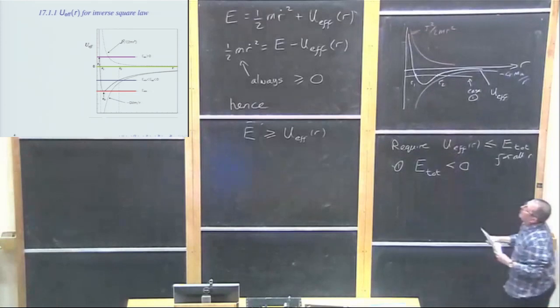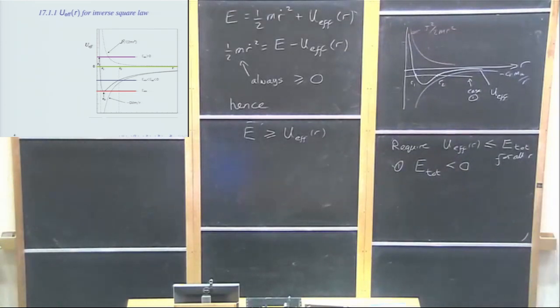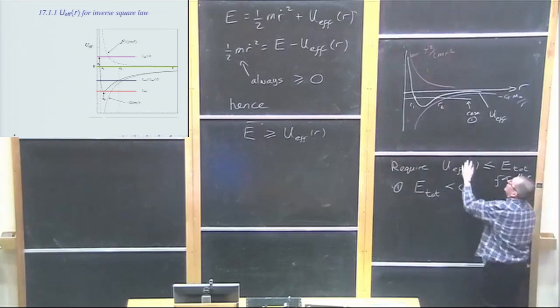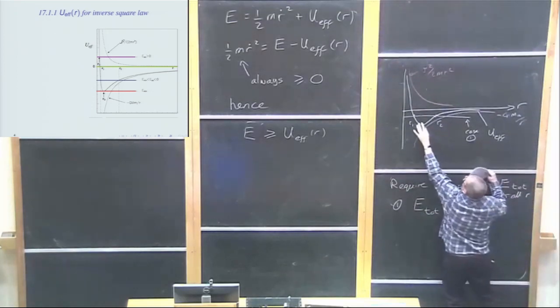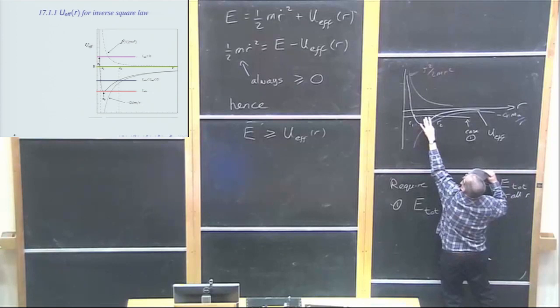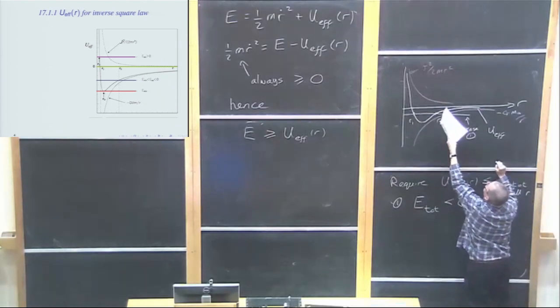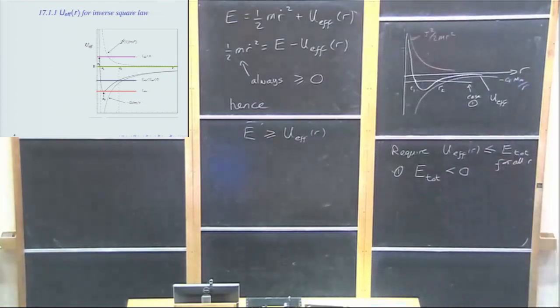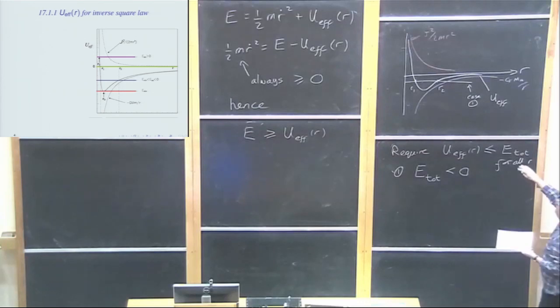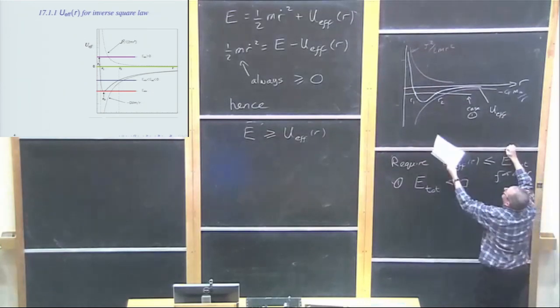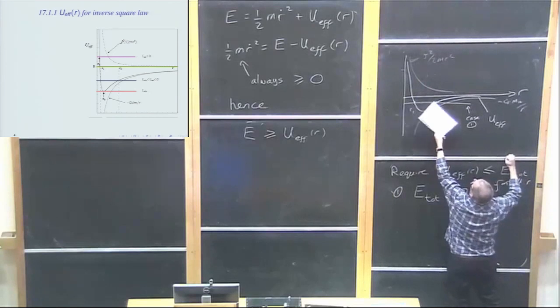So you're familiar with looking at potential graphs and understanding what the motion is. So as I say, the allowed motion is such that one has to be below this energy. Anything which is moving in this effective potential, and this is gravity, so it may be a planet, for example, can only move between here and here.